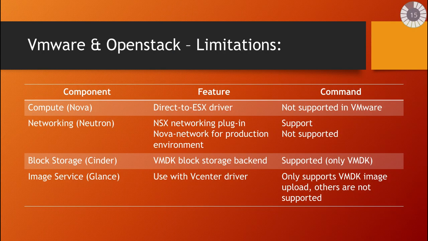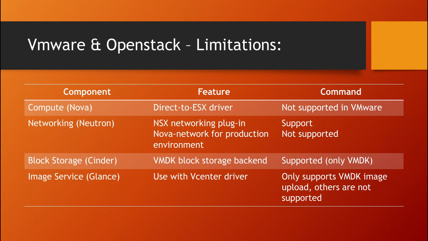One thing to remember here is that VMware is still not fully supported in OpenStack, so it has a few limitations. For compute you have the direct ESX driver, but the problem is that it is not supported by VMware. So if you run into issues, VMware will not help you, or may refuse to help you.